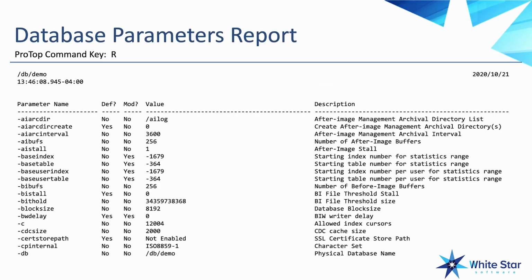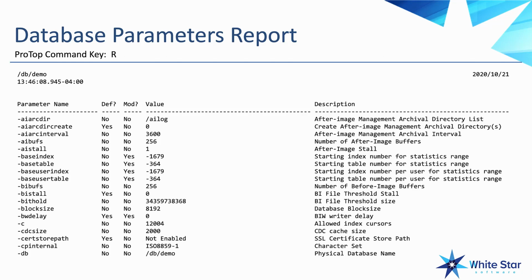Another great ProTop report is the capital R command, which basically gives you a viewer of all the database parameters. Now, this is the same as what you get from looking in the database log file and looking for message 333. But this is in a report format, and it's what is current. So as of the last time the database started, and it also includes anything that's been changed online.